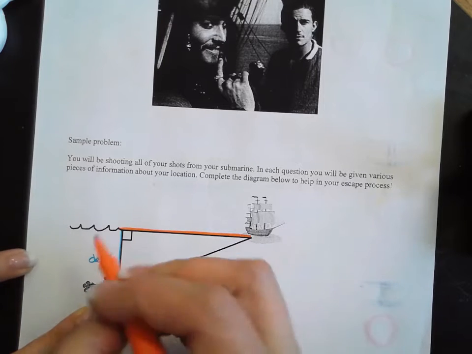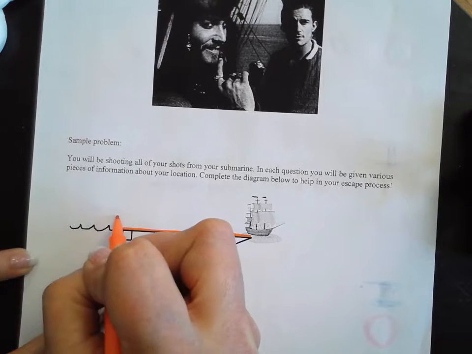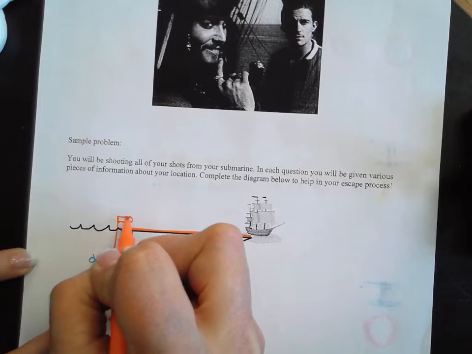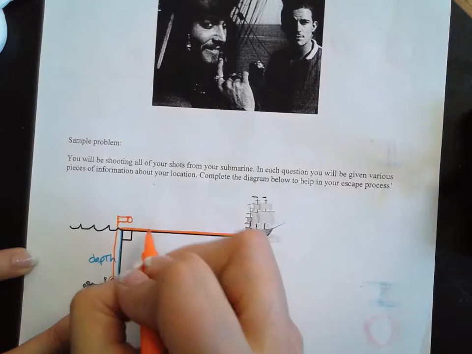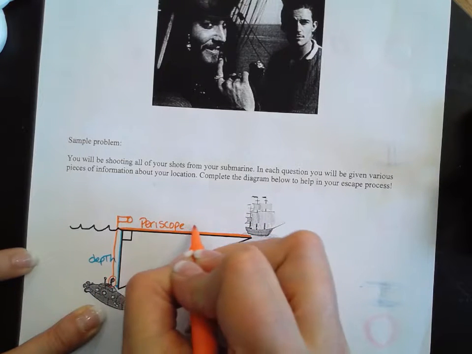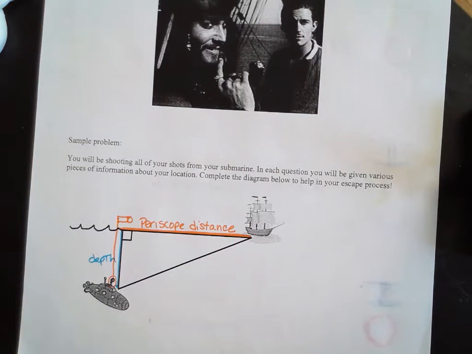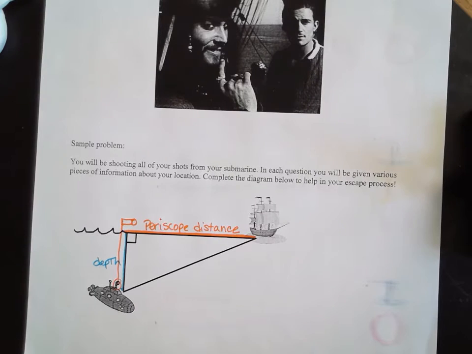The periscope, yeah, because my little periscope would come up, and then I could say, there's the ship. So we're going to call that the periscope distance.